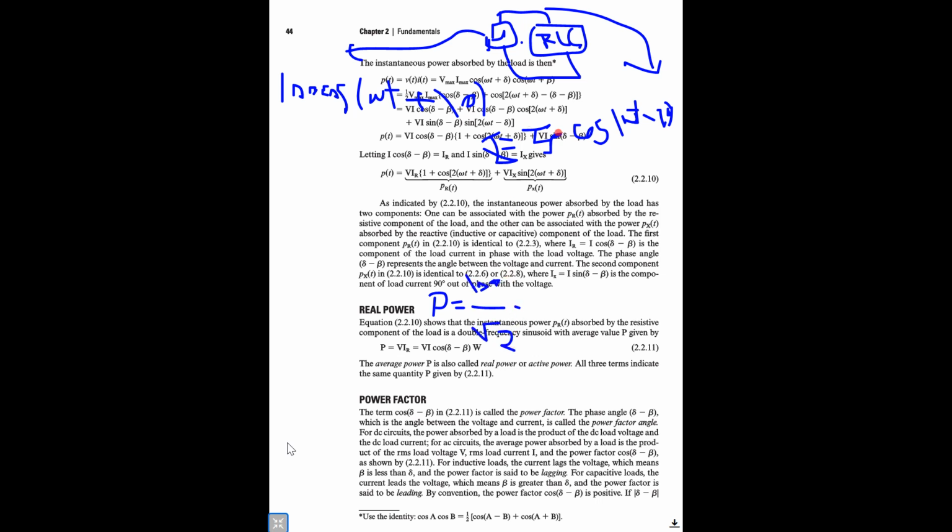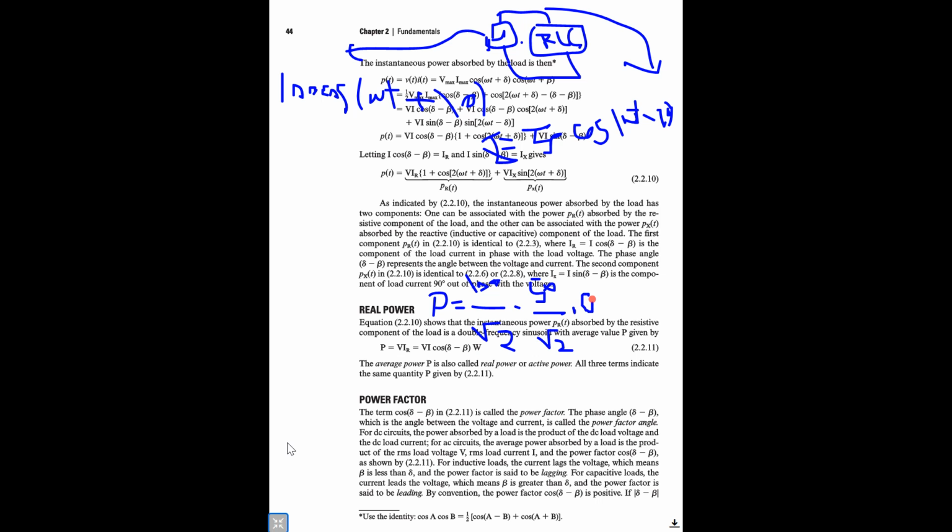Multiplied by 50 divided by radical 2. This is the RMS of the voltage. This is the RMS of the current. Multiplied by cosine.